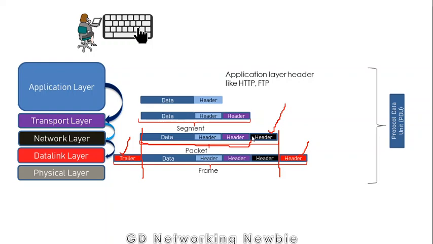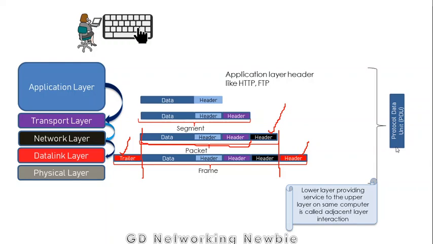The data and header at the network layer is known as a packet, and the data with the header as well as trailer is known as a frame when we are at the data link layer. We have discussed this in the previous video on the TCP/IP as well as the OSI model. The general name for all of them is PDU, that is Protocol Data Unit.